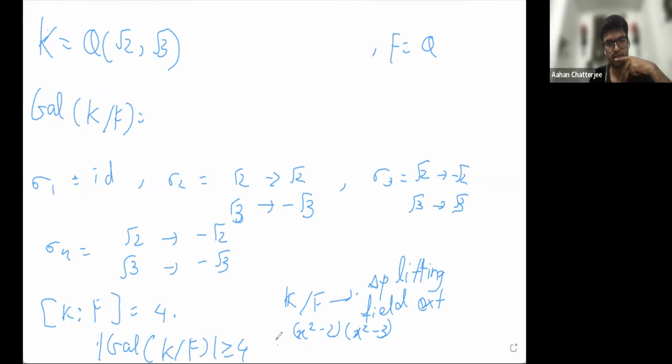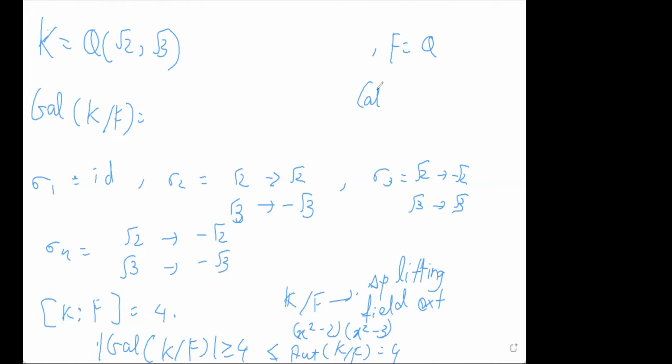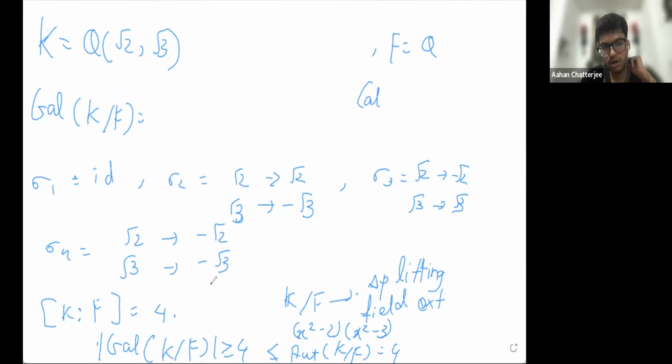But this is always a subgroup of the set of automorphisms, which is also 4. Why is the set of automorphisms 4? That is what the question was, right? Yeah, right. So this is the reason.